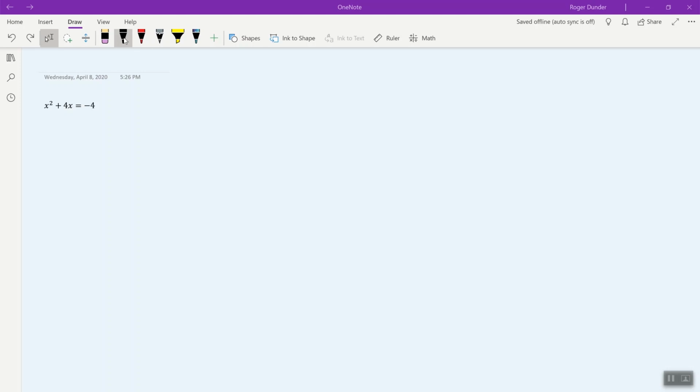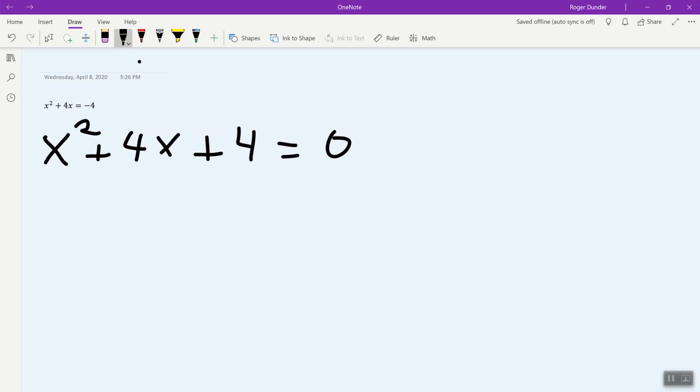It may be a little messy, but I hope you'll be able to follow along. So the first thing we want to do is to bring the negative 4 across the equal sign. So this will become x squared plus 4x plus 4 equals 0.